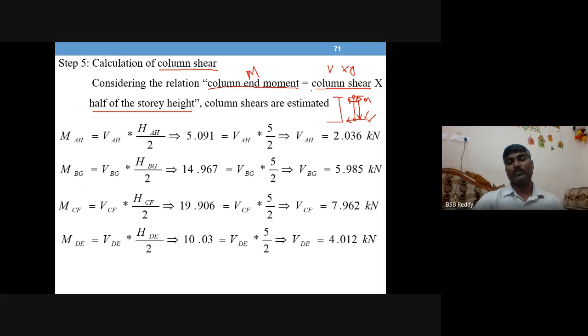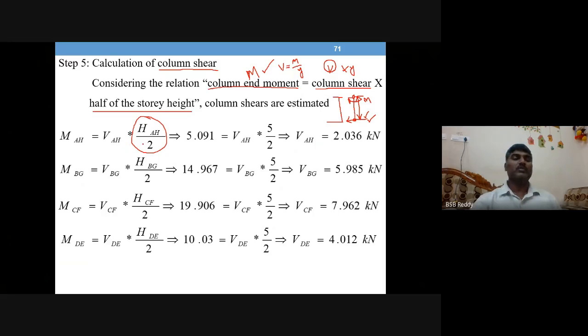What you have to substitute here is the M value, which you have already calculated in step 4. So the equation will simply become V is equal to moment divided by half of the column height. That is what is done here.